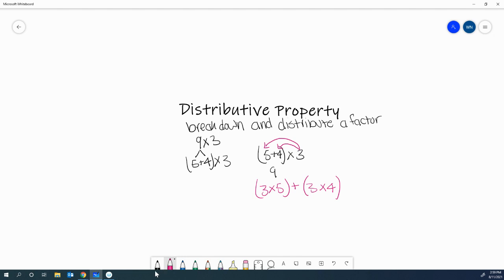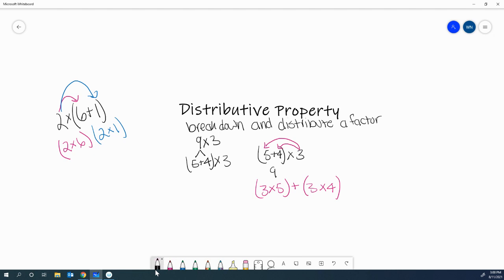We could have a problem that says (6 plus 1) times 2. This is normally what it's going to look like. You have to take that 2 and give a 2 to the 6. So it's going to be 2 times 6. And you're going to give a 2 to the 1. So it's going to be 2 times 1. You are distributing the number on the outside.